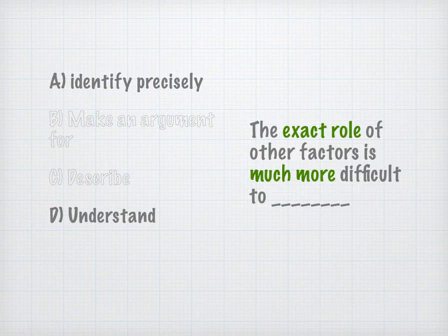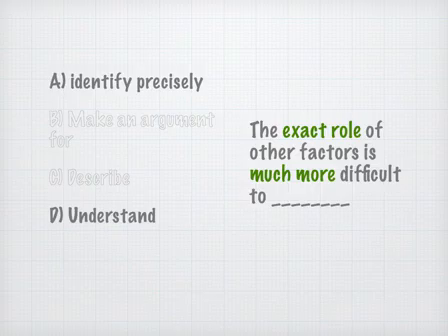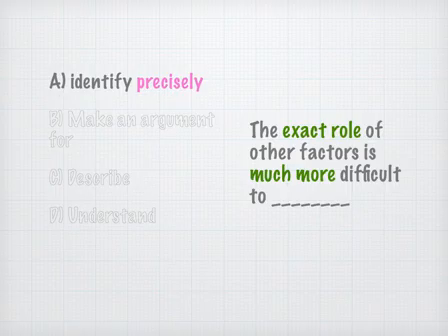So then we have the verb to identify, and now we have the adverb precisely. So the exact role and precisely go together to help us choose the correct answer A, which is identify precisely.